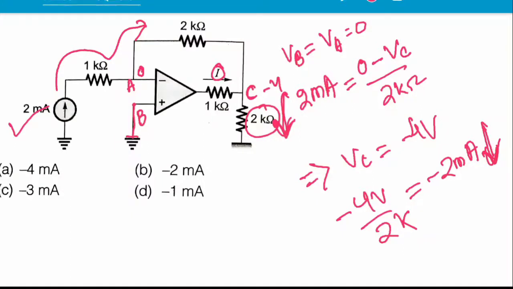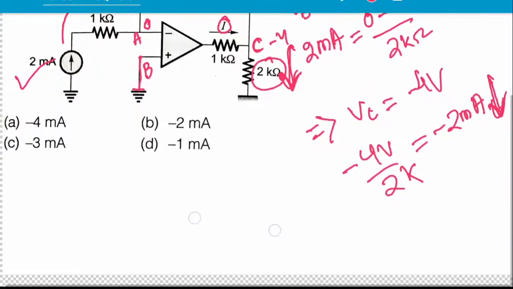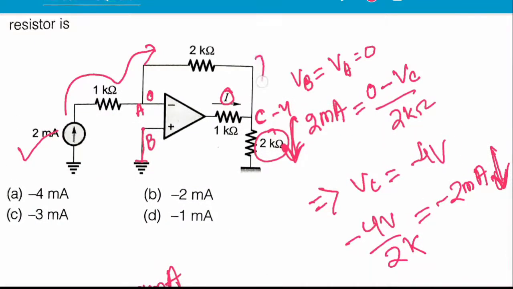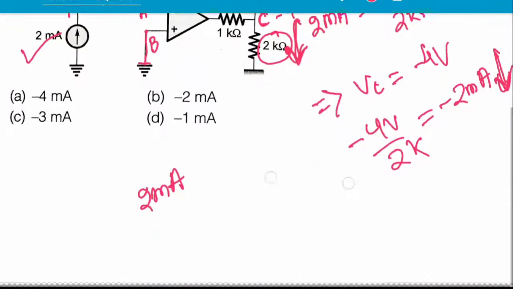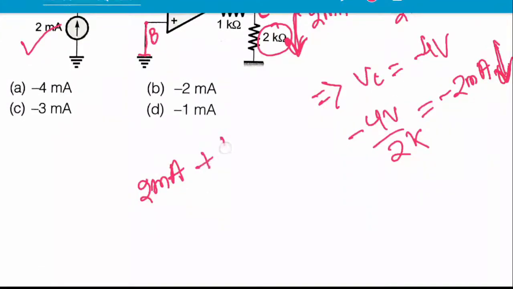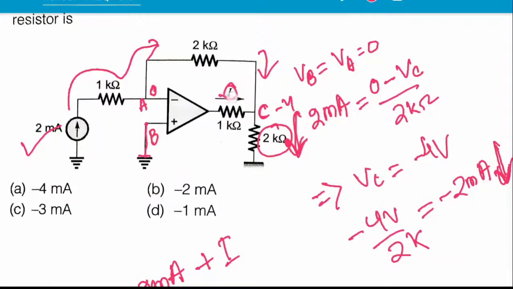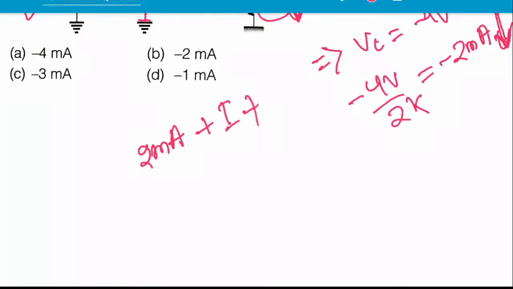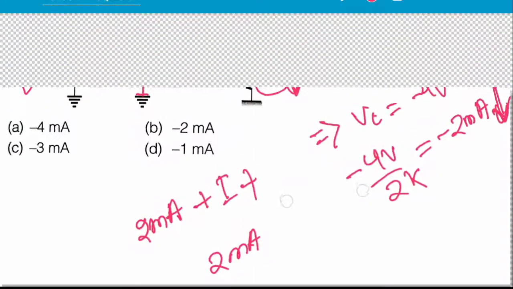And applying KCL at C, 2 milliampere from this one plus I, the question is asking for I, plus 2 milliampere upward.